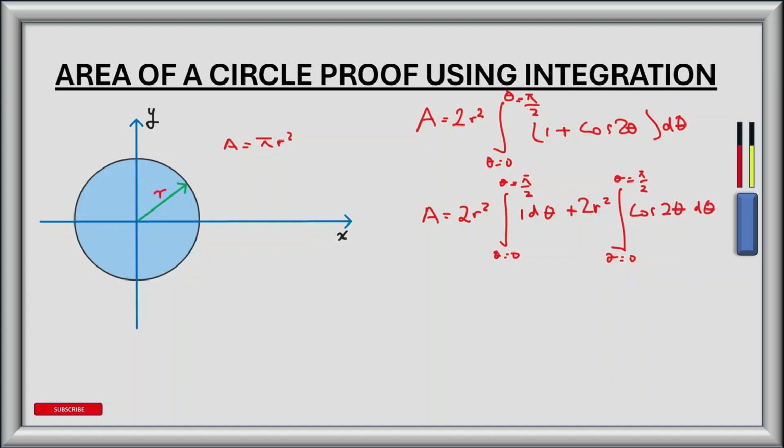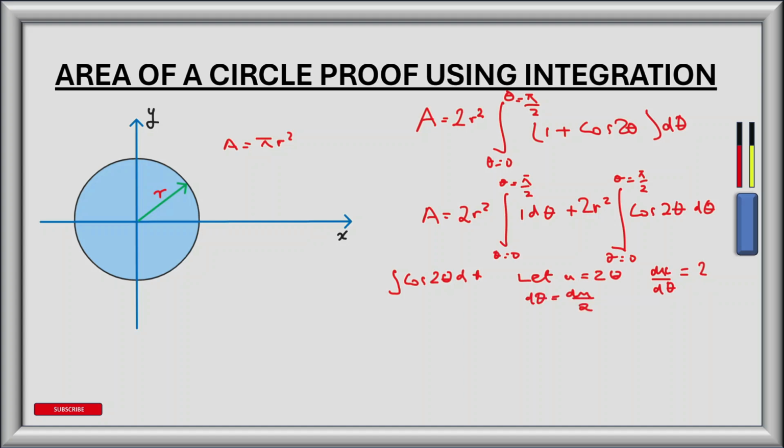Now if we look at the second integral in isolation, we want to integrate cos 2 theta d theta. If we make some substitutions here, let u equal 2 theta, then the derivative du by d theta is equal to 2, and d theta is equal to du over 2.